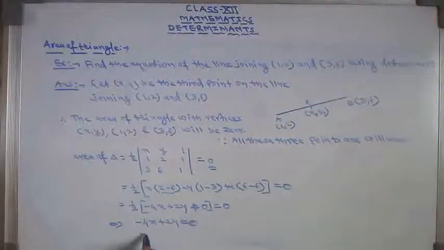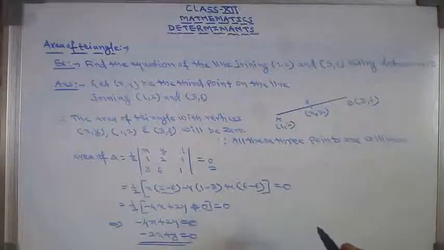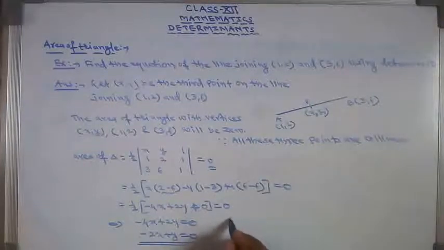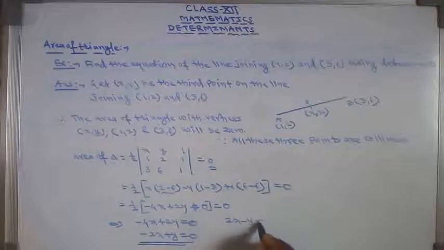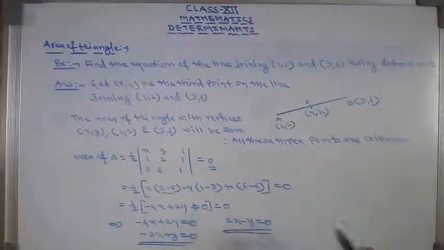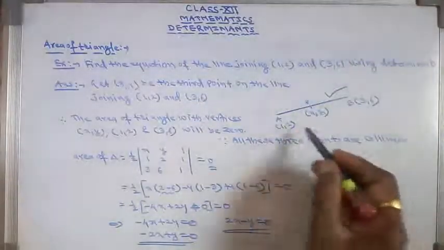Dividing by 2, minus 2x plus y equal to 0. Multiplying by minus 1, 2x minus y equal to 0 is the equation of the line joining the points (1, 2) and (3, 6). Okay.